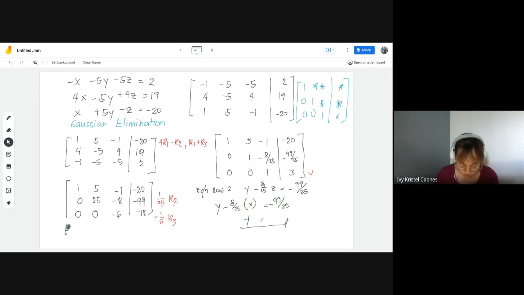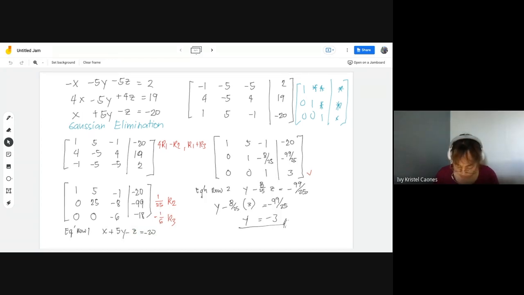Then row 1, so it will be x plus 5y minus z equals negative 20. We are going to look for x plus 5 times the value, minus 3, equals negative 20. So what's the value of y? Negative 3. Then this will become negative 3. What's the value of x?